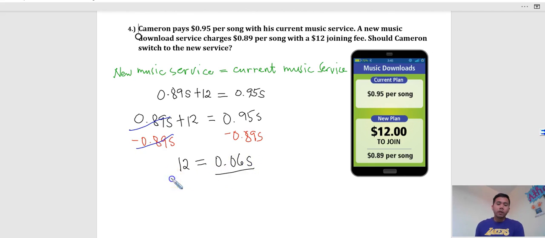Then I'm going to divide this by 0.06 for us to know the value of S. So the value of S is 200.